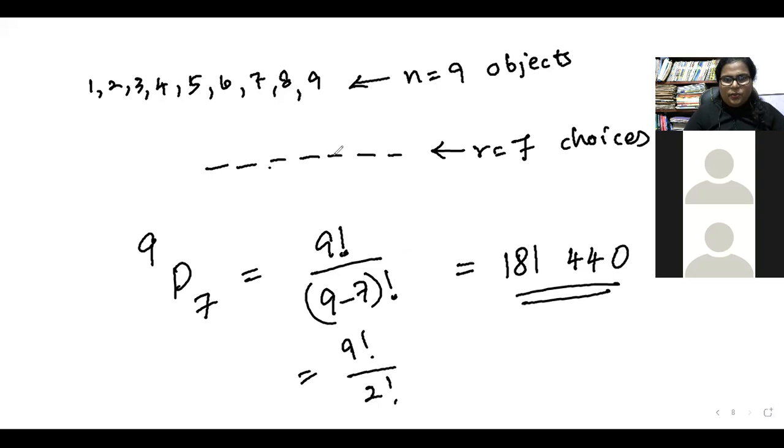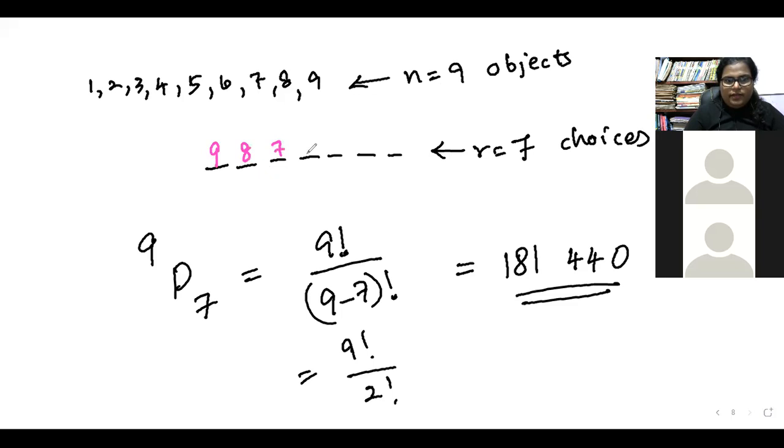Here, so we can use the previous method also. There are 9 numbers for the first position. So after allocating one number for this first position, there are only 8 numbers here.